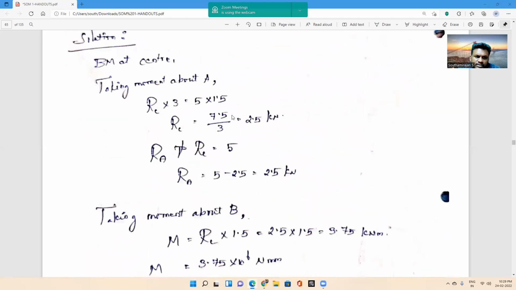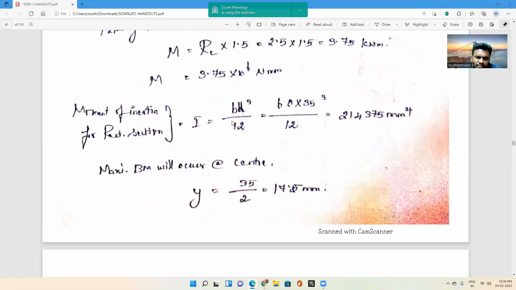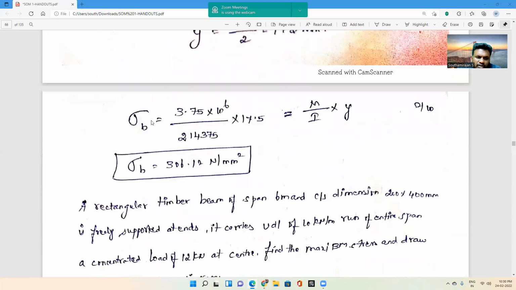In order to calculate it, we know the bending stress equation: σb = M/I × y. So we need to calculate three values: moment, moment of inertia, and y. We will calculate the values one by one.